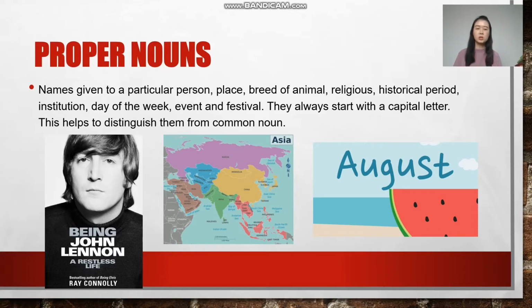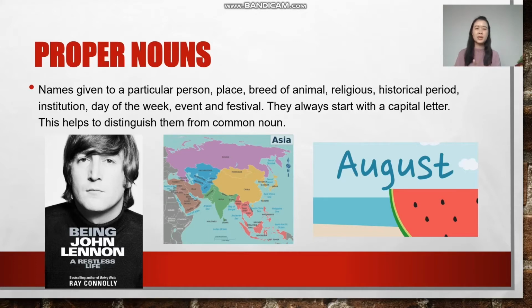Alright, so what do we have here? The first one, do you know who he is? He is Mr. John Lennon. He was one of the members of the Beatles. We are talking about this guy, and John Lennon is a proper noun because we are talking only about this particular person.